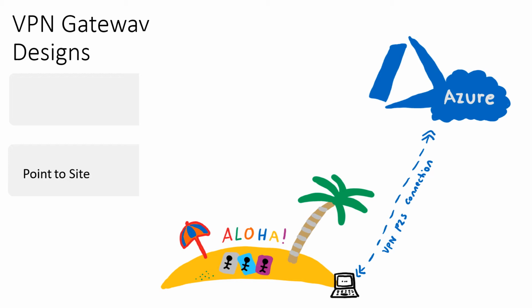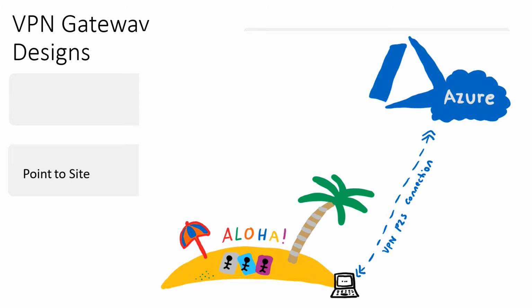What will you do? You roll your eyes and think, I should really get a raise this year, but you don't say that. Instead, you tell her, no worries, let me check into my hotel first so I can download the Azure VPN client to securely remote into the Azure VPN gateway and fix it. So that's where P2S connections come into the picture.